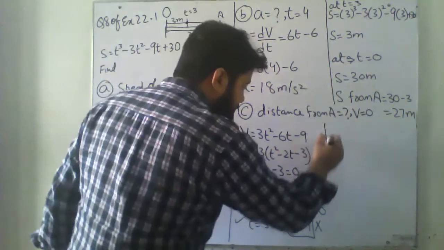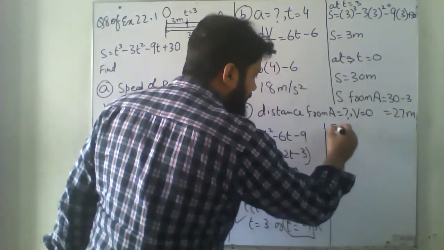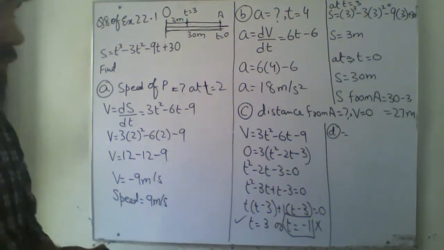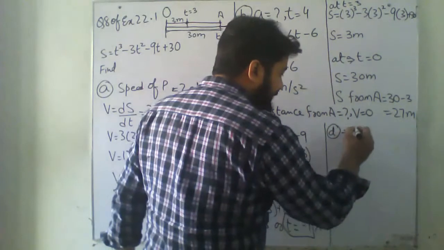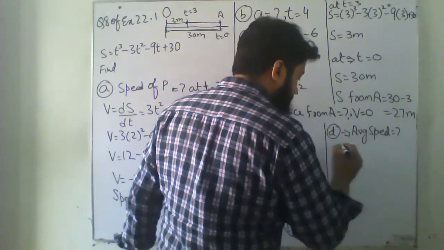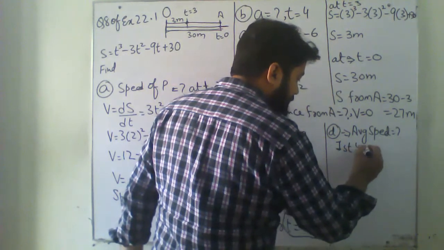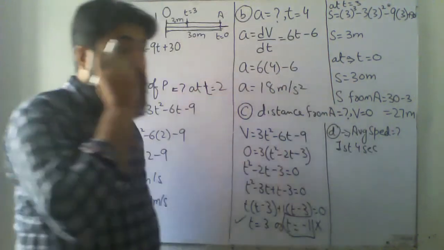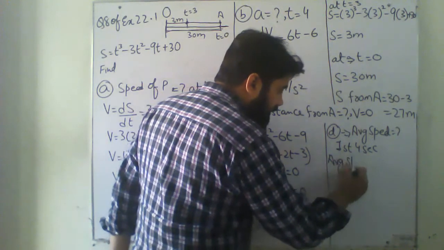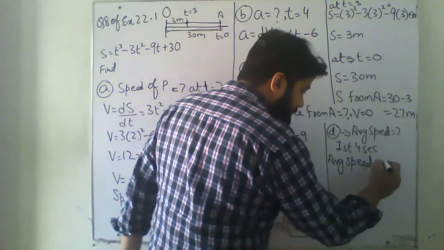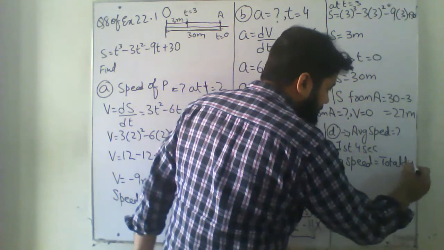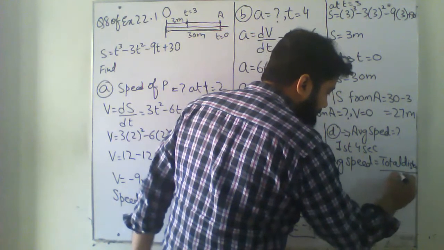Part D of the question is saying that we have to find the average speed over the first 4 seconds. I know that average speed equals total distance upon time.